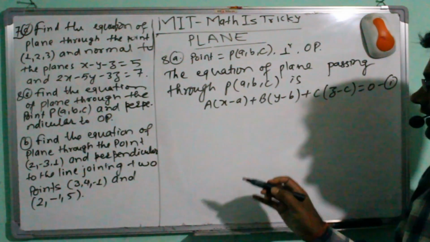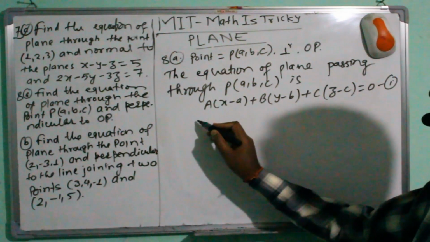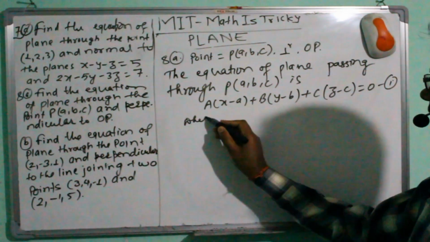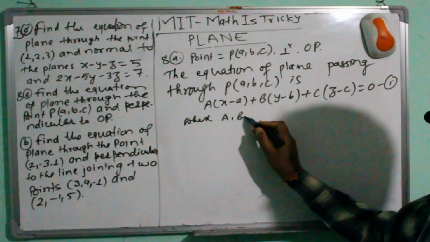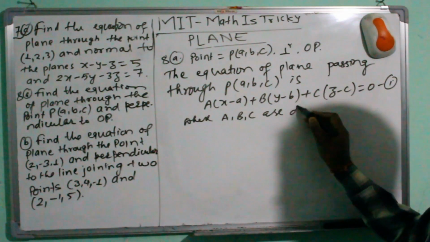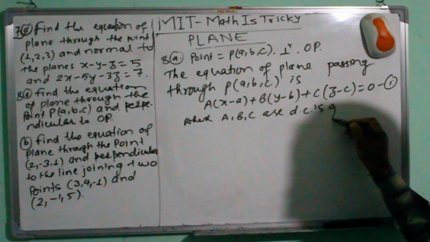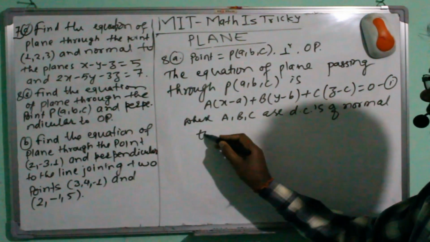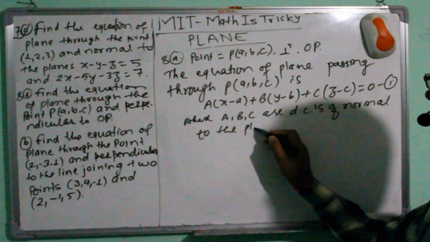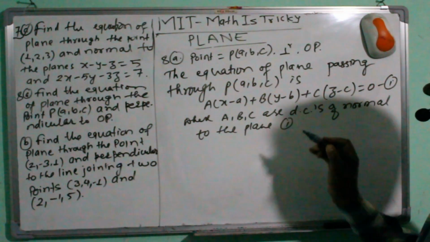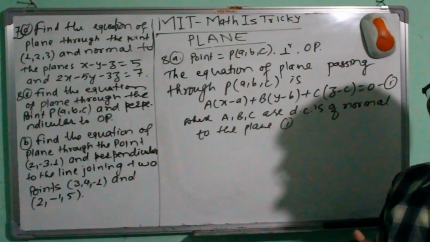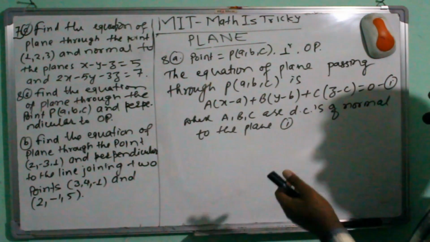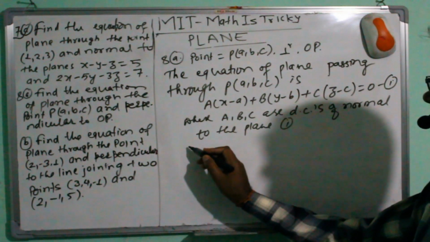And we know that A, B, C are the DCs of the normal to the plane 1.